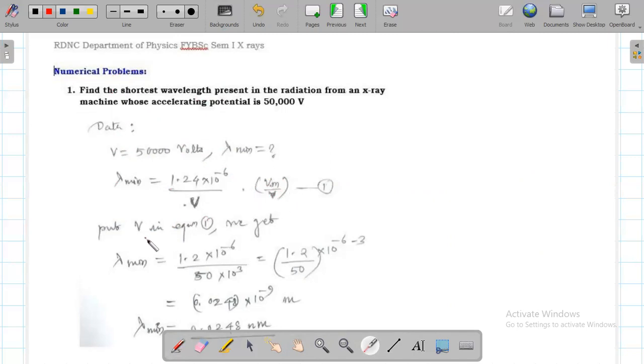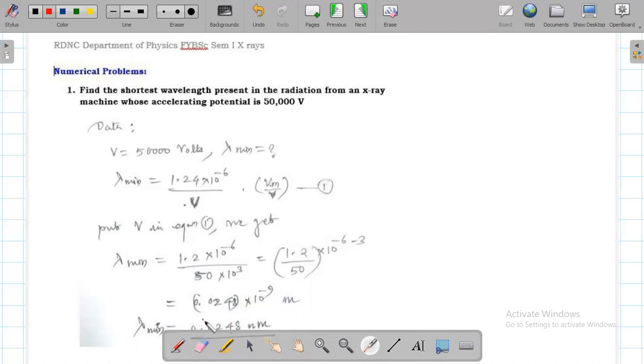Then here the numeric value of V is about 50,000. We will put it in equation number 1. Therefore, equation number 1 can be written as 1.24 into 10 raised to minus 6 upon 50 into 10 raised to 3. This is a positive power 3. We can write here minus 6, minus 3, and 1.24 upon 50 is about 0.0248. 10 raised to minus 9 is nanometer.